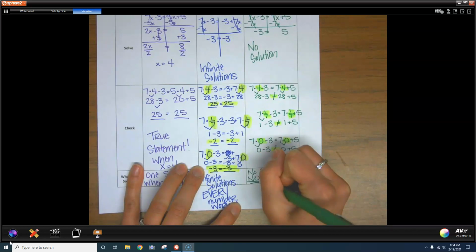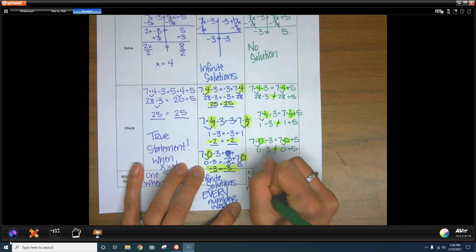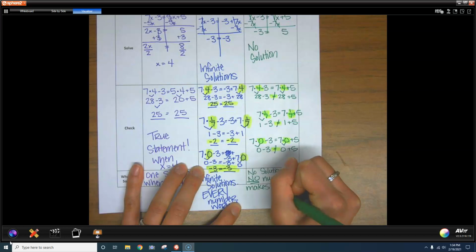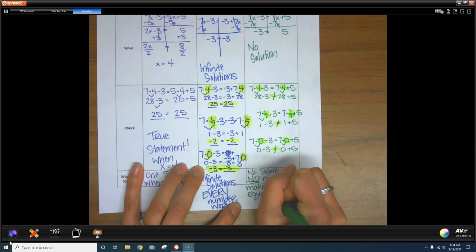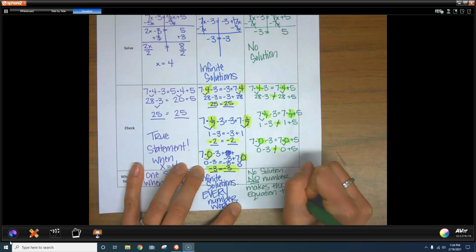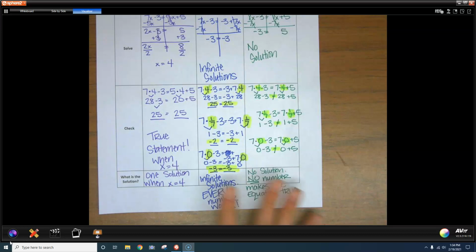No number makes the equation true. Balance, true, work, whatever.